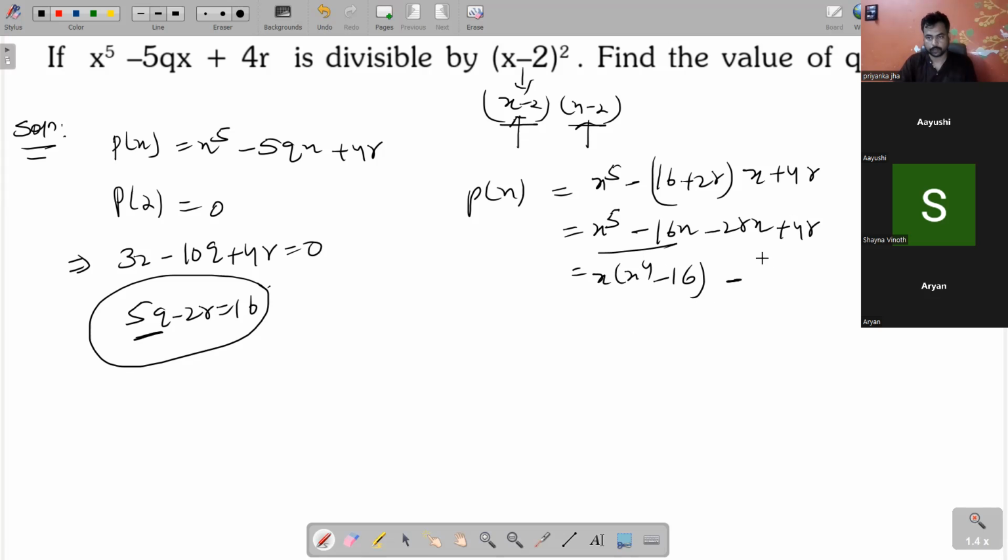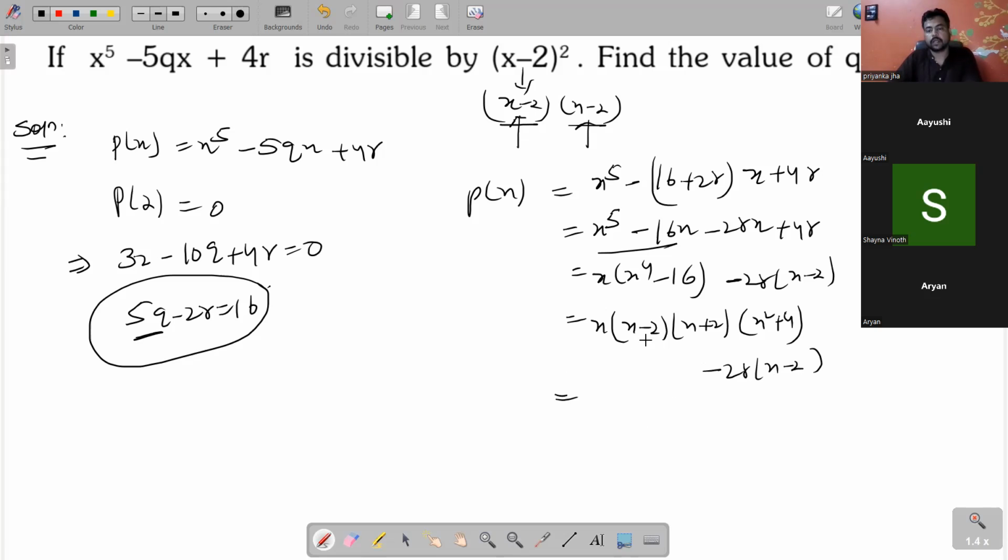Take 2r common, x minus 2. This 16 can be written as 2 to the 4, so x minus 2 into x plus 2 into x square plus 4. We can factorize this, minus 2r(x minus 2). Take x minus 2 out. Now we'll be left with (x plus 2)(x square plus 4) minus 2r.